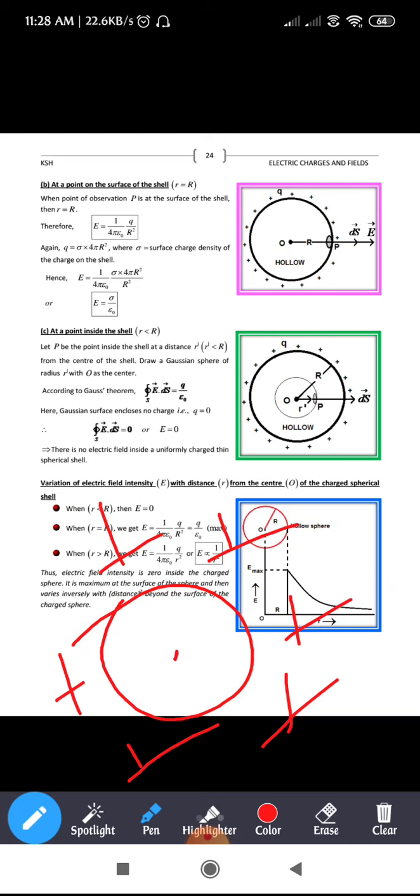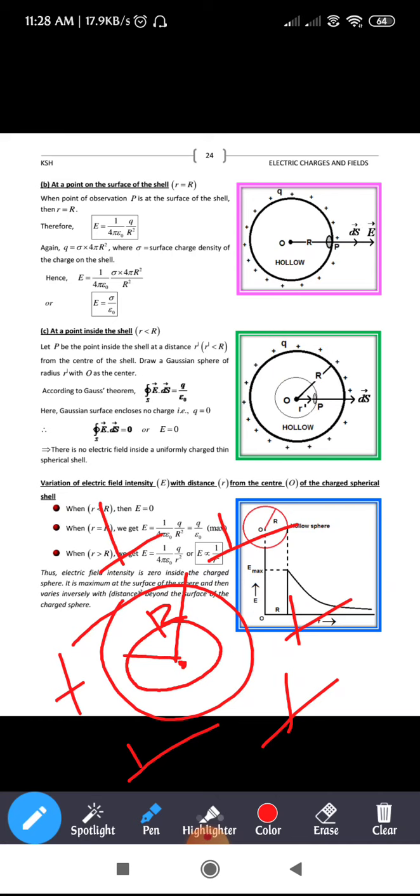Let us say I need to calculate the electric field at the center of the spherical shell. Again, we need to draw a Gaussian surface inside, with radius r dash.